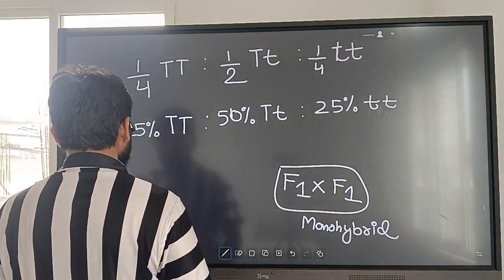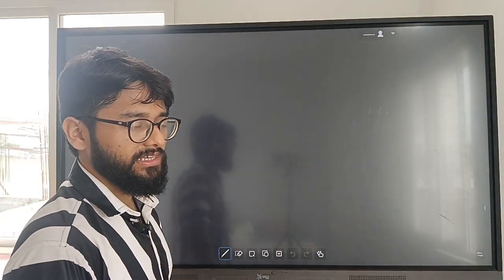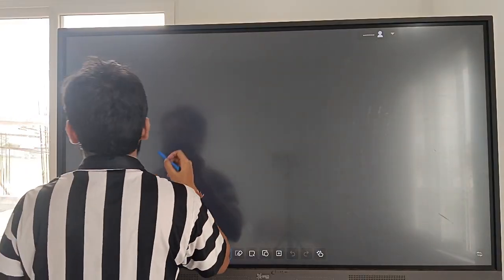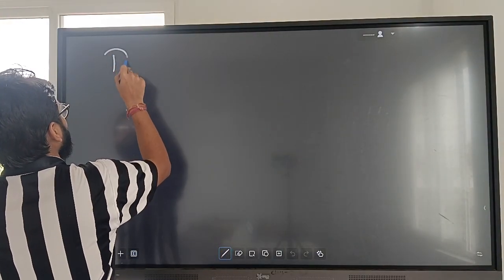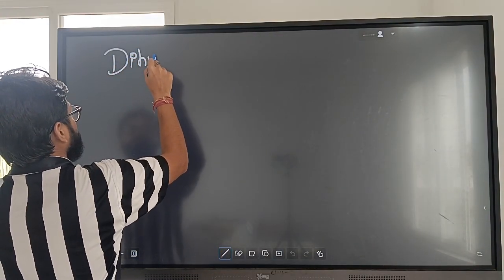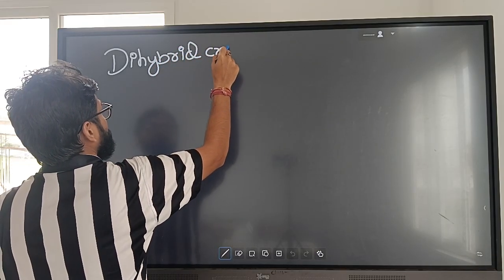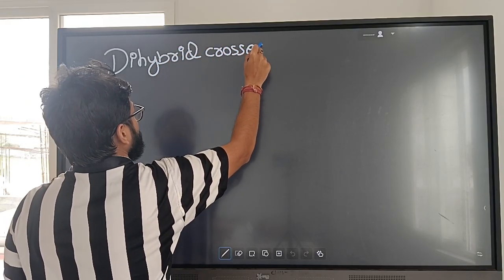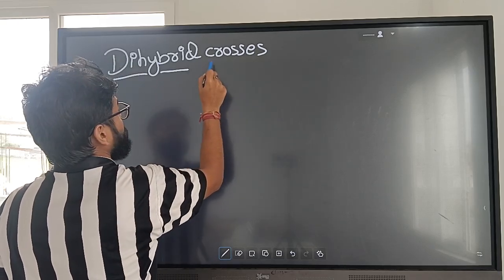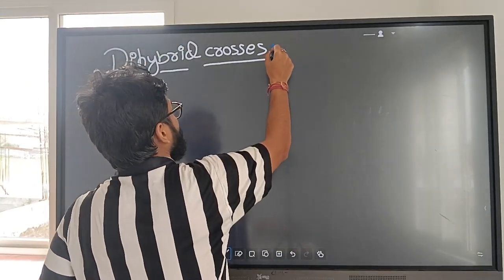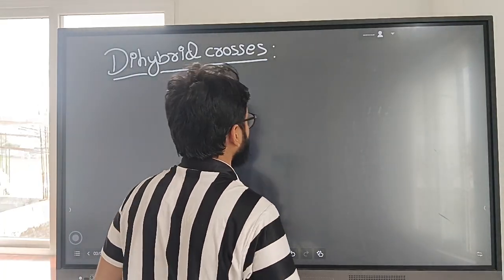Now, since we have discussed that part, and I hope you have understood a bit, let us move to a bit more complex one, that is what happens when we take two characters. We call them dihybrid crosses.